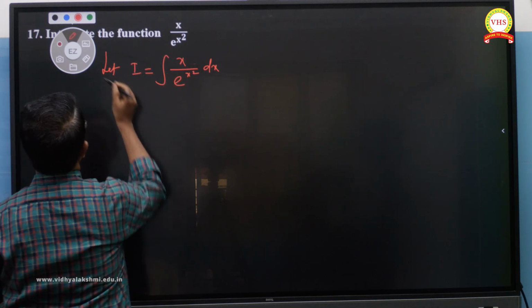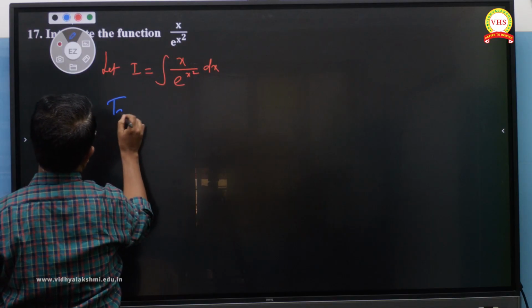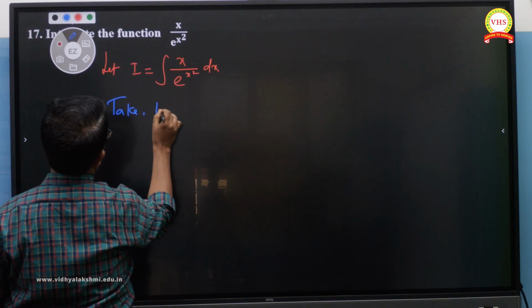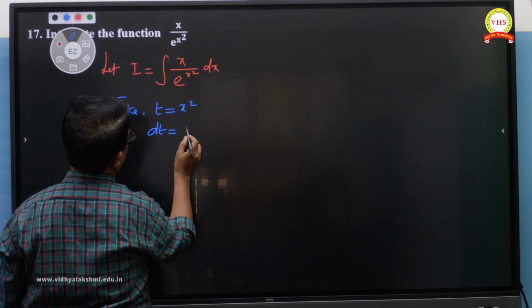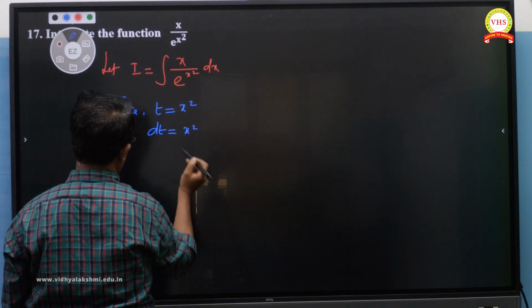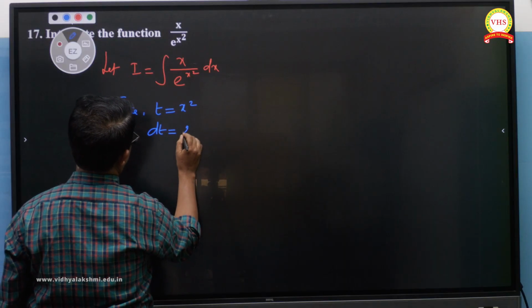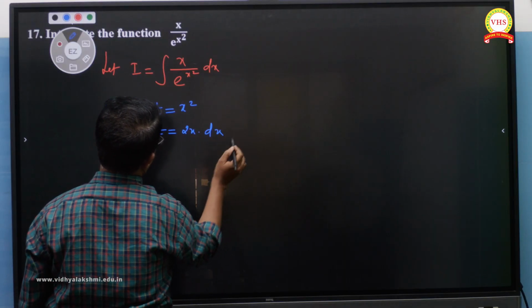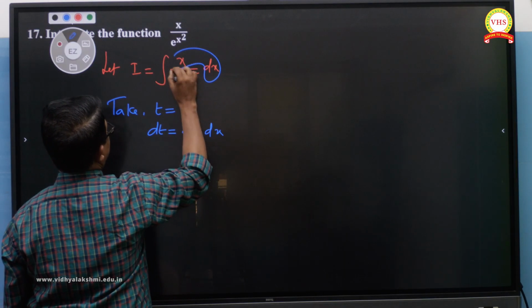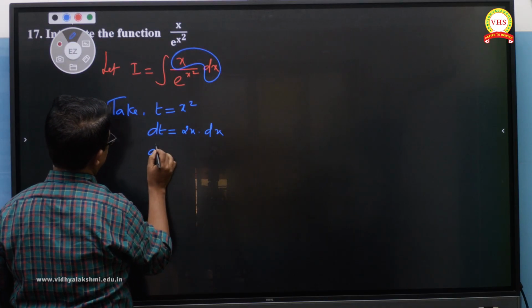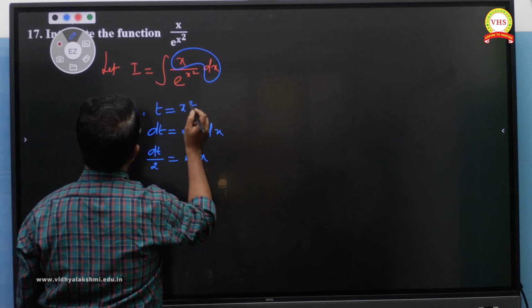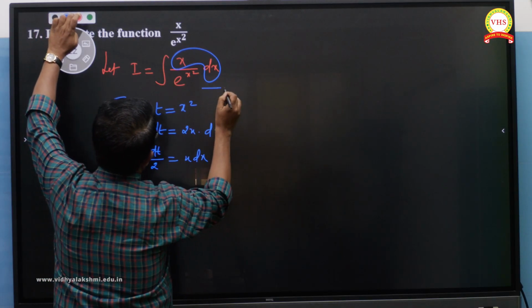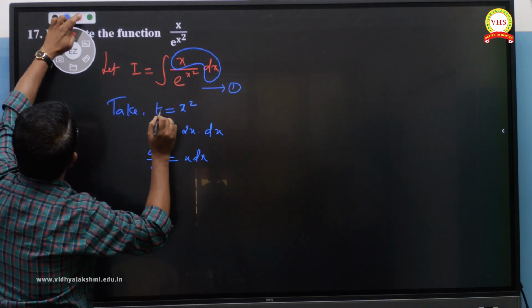The same ideology, take t equal to x square, dt equal to the derivative, 2x into dx. Now we need only x dx, that means dt by 2 equal to x dx.